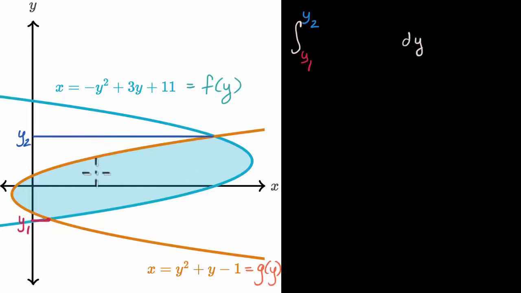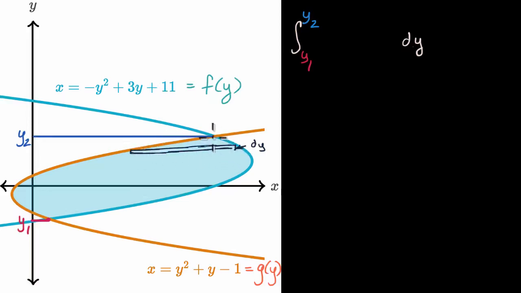And so what are we going to sum up? Well, when we integrate, we can think about taking the sum of infinitely thin rectangles. And in this case, it would be infinitely flat rectangles since we're thinking about dy. So dy would be the height of each of these rectangles. And what would be the width or the length of this rectangle right over here?